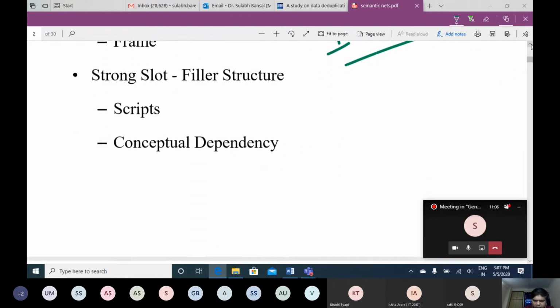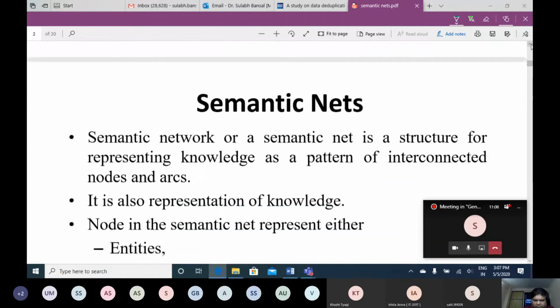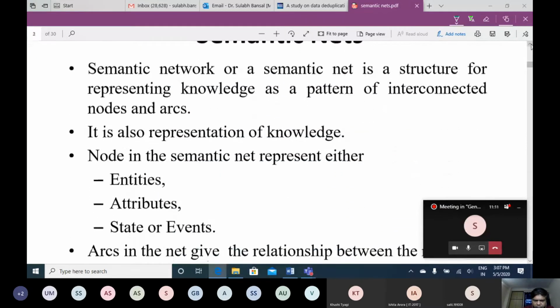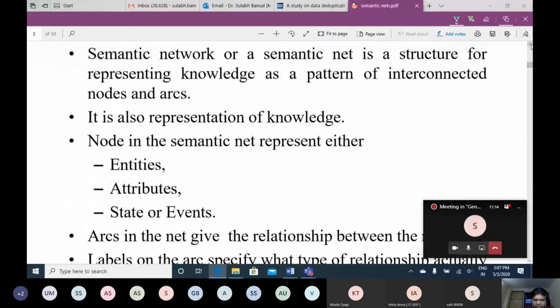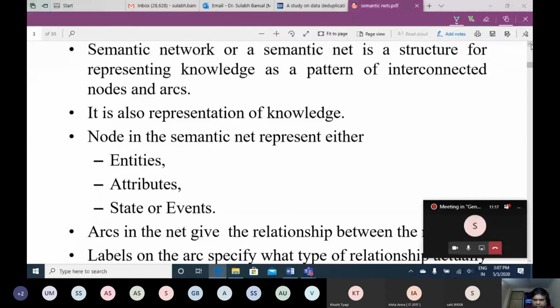So we'll quickly go to the example, semantic nets. Basically, to represent semantic nets, we use nodes and arcs. Nodes represent entities, attributes, states, or events. Similar kind of structures are used for ER diagrams.